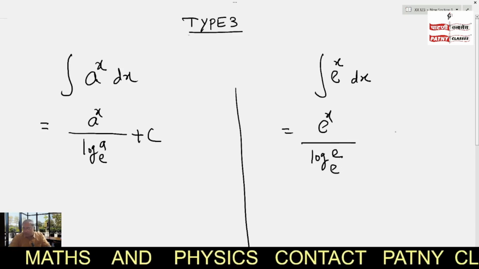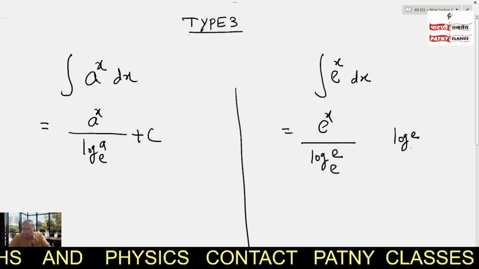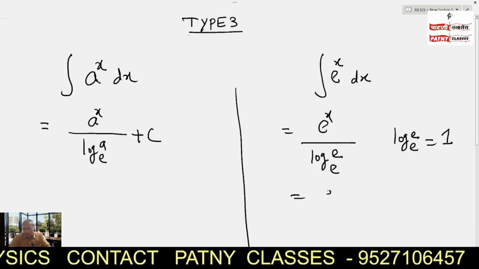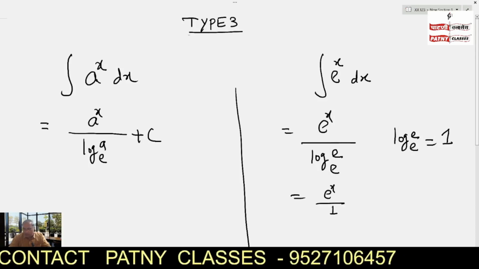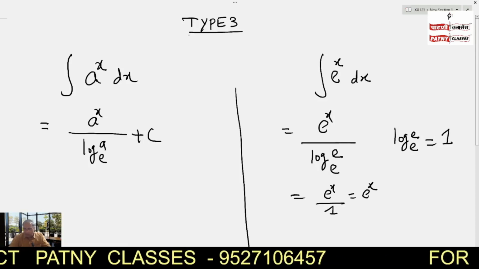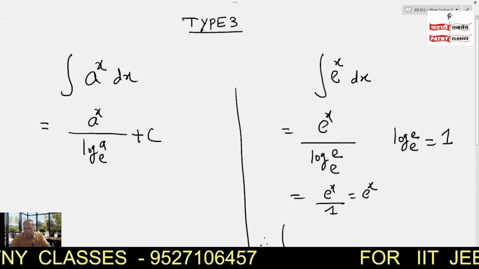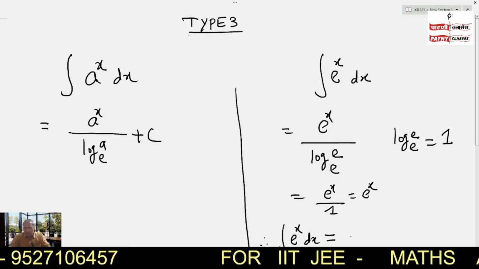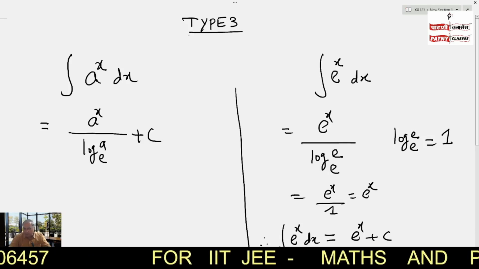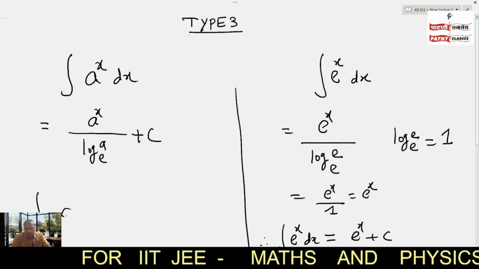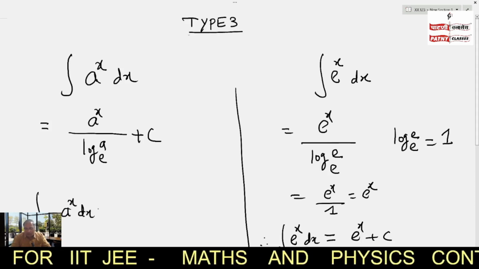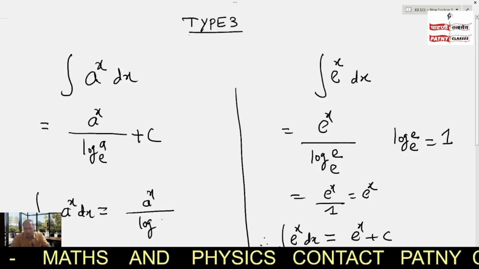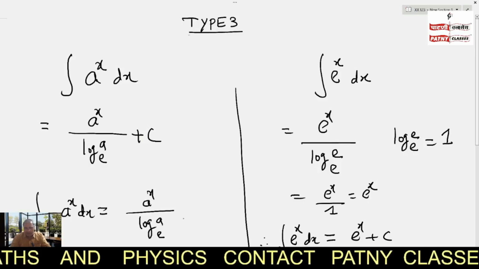Here we already know that log e to the base e equals 1, therefore it becomes e raised to x upon 1 equals e raised to x. Therefore integration of e raised to x with respect to x equals e raised to x plus c, and integration of a raised to x with respect to x equals a raised to x upon log a to the base e plus c.